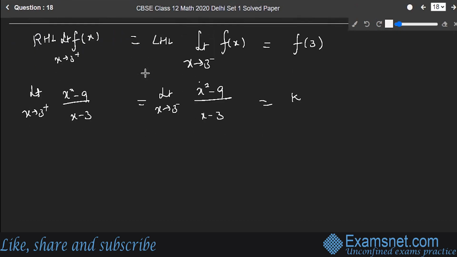So now see, both the functions are the same, so I can pick up any one. This can be written as limit, it will be 3 plus h.